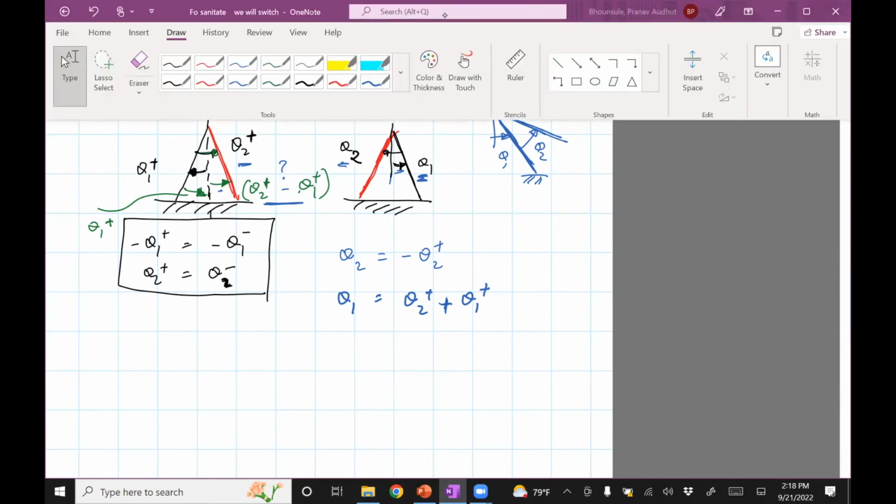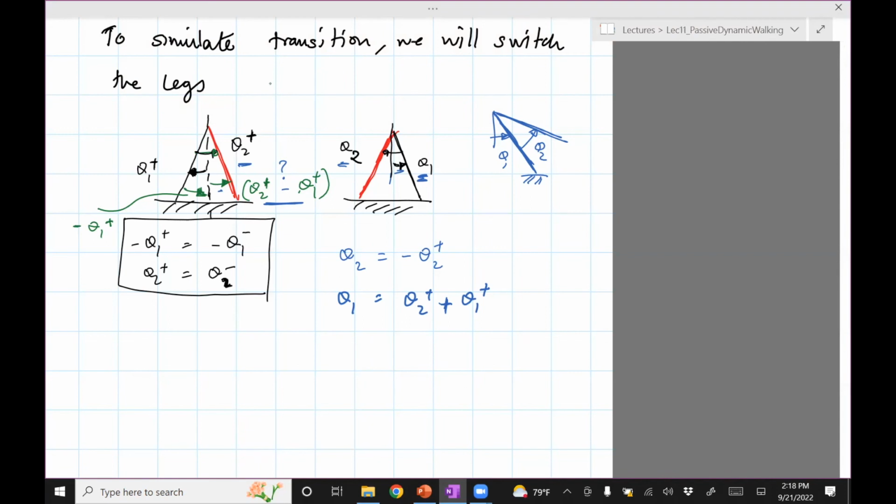This should be negative. And so negative, negative will be positive, because it's this angle minus this angle. So it's positive and this sign is consistent. Thanks for that.